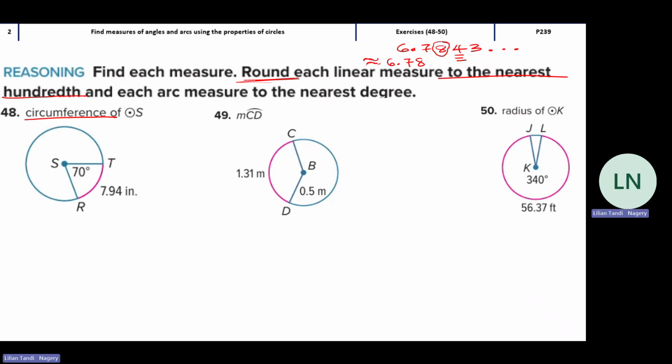We are answering question 48. The question says, find the circumference of the circle. So the formula is arc length equals CD, which should be central angle over 360 times circumference.